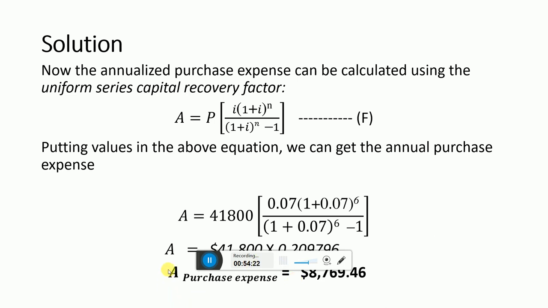This is the annual purchase expense. What we have done here is divide this whole purchase over 6 years of time with the interest or capital rate of 7%. So this is the annual purchase expense.